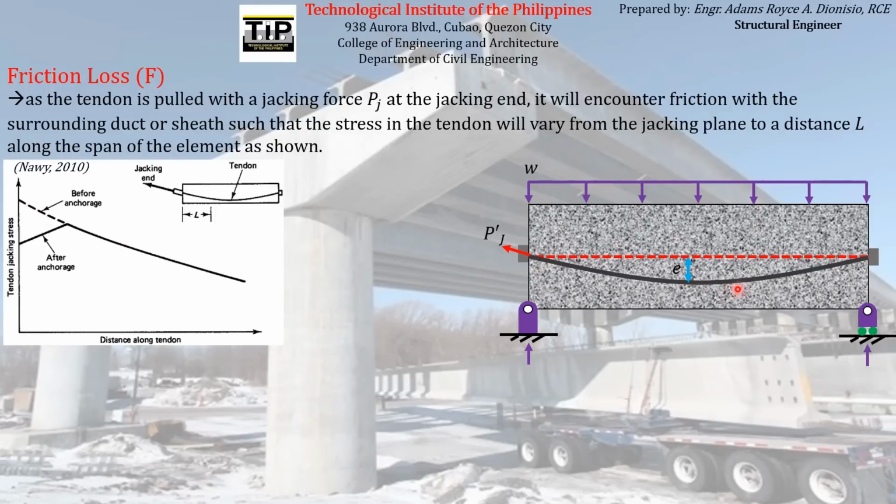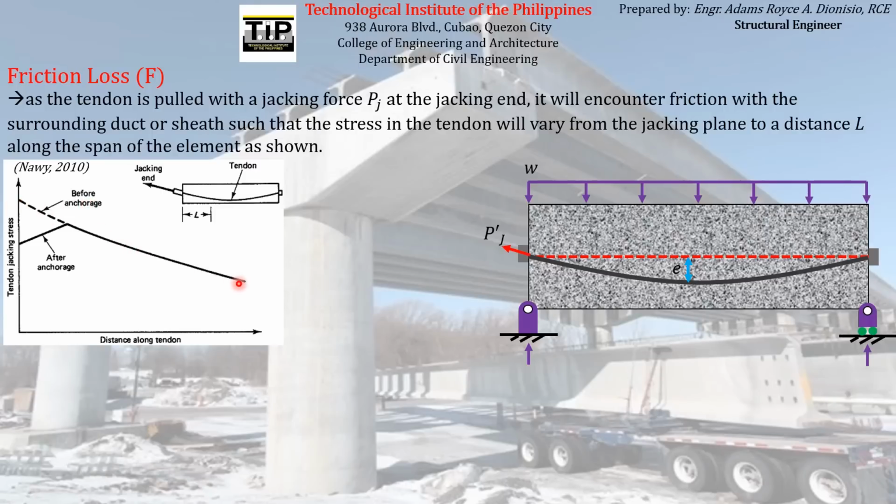It diminishes in value. So why is that? Because the frictional losses acting on the tendon profile increase along the span of the beam, with the maximum value at the anchorage end, just like what I have said a while ago. So because of the increasing pre-stress loss along the length of the span, the jacking stress along the span decreases.